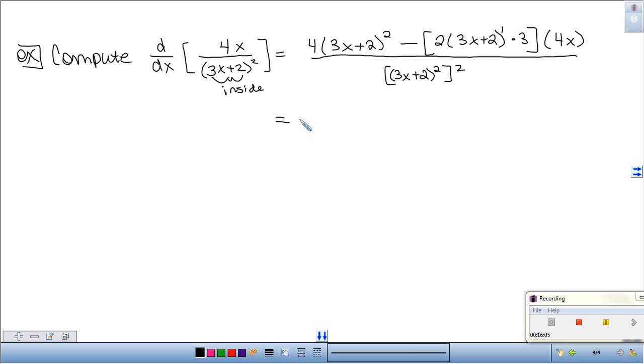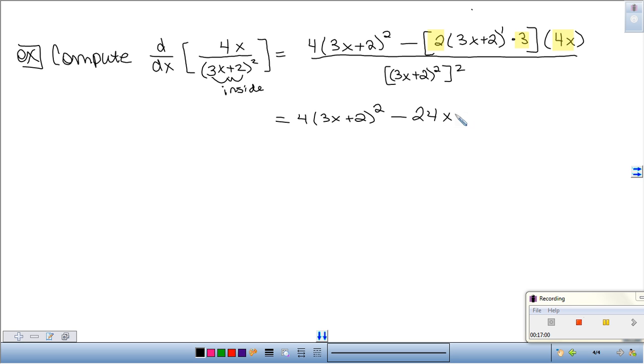So I'm going to leave 4 times 3x plus 2 squared minus, here 4x gets multiplied by everything. 4x gets multiplied by all this: 2 times this function times 3 times 4x. So the 2 times 3 times 4x can all be put together. That's 6 times 4, 24.